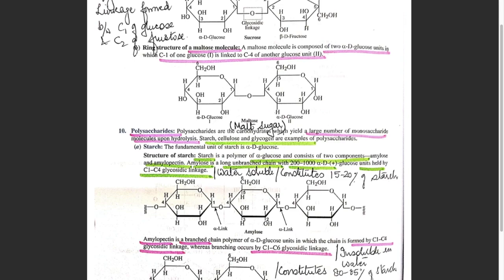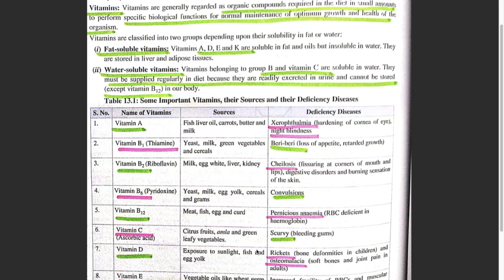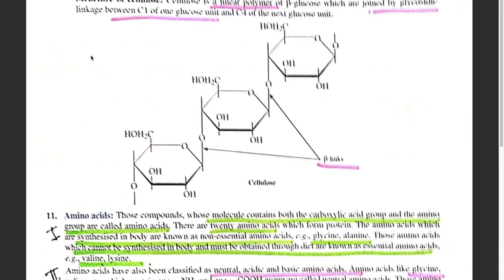So this is the structure of starch, which constitutes the two components, amylose and amylopectin. Cellulose is a polysaccharide made up of beta-D-glucose. The cellulose is a linear polymer of beta-D-glucose, where C1 of one glucose links to C4 of another via beta links. This is the structure of cellulose.